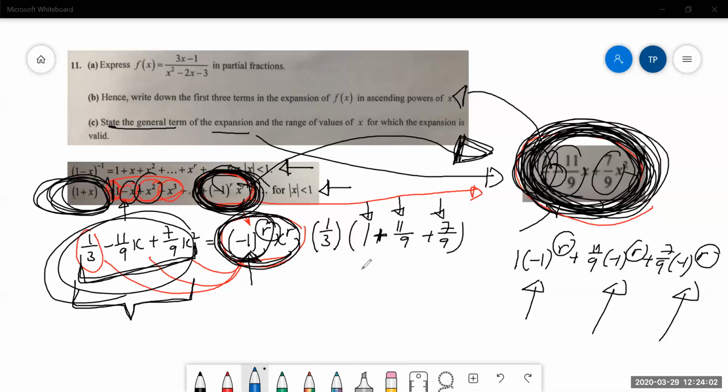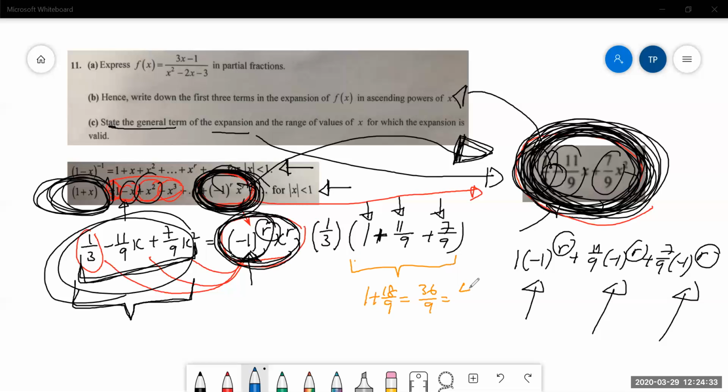Okay. So after I take out 1/3, this is what I'm left with. Over here I have 1 plus 11/9 plus 7/9, which also equals 1 plus 18/9, which equals 36/9, which divided by 9 will be 4.